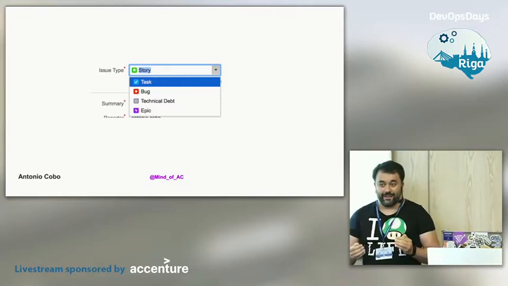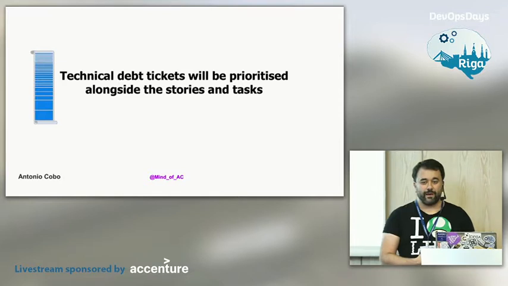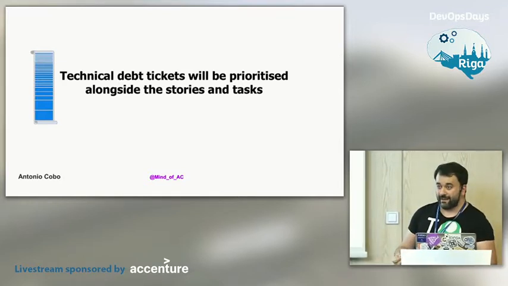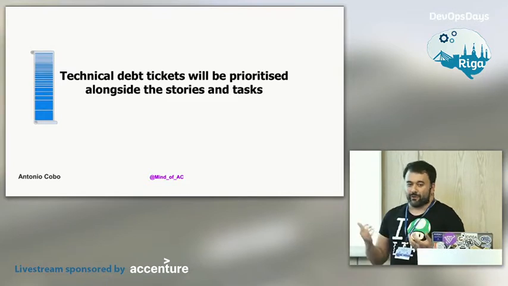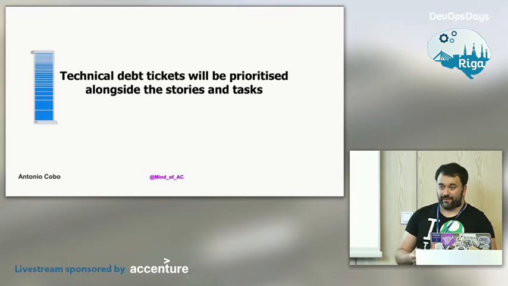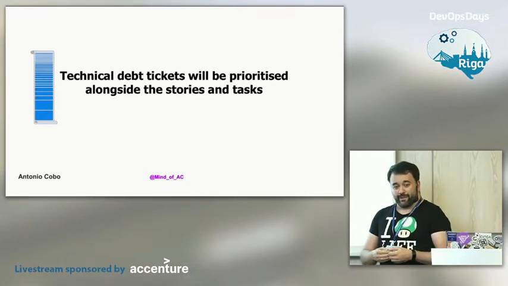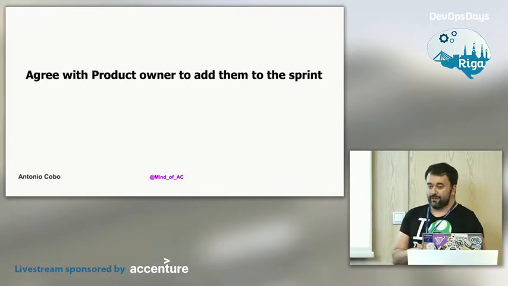Once you have that, it's easier for it to be treated as another story and prioritized in the backlog. If it's important, and it's going to cause a lot of loss of money or impact on customers, the product owner should prioritize it at the top of the backlog, and all together you can decide whether to take it in the next sprint or not.